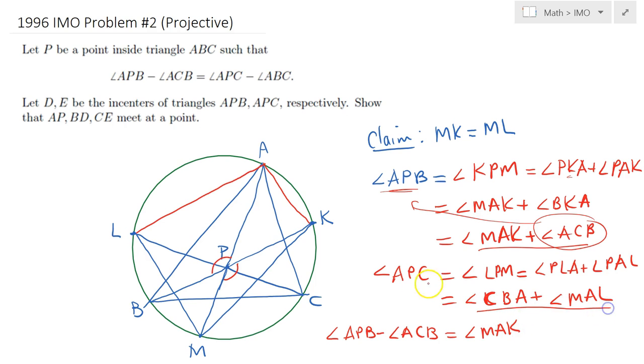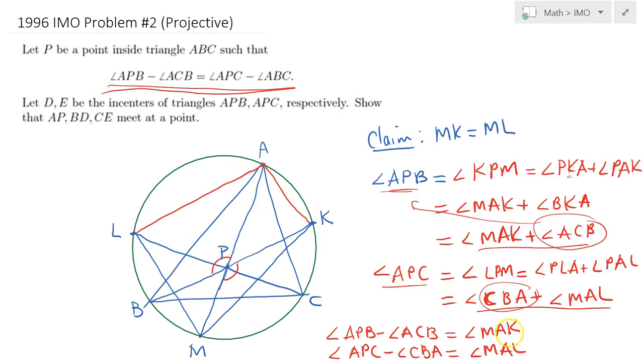And from the second one, I get that APC minus angle CBA is equal to MAL. But finally notice that the left hand side, APB minus ACB, is equal to APC minus CBA by the given condition of the problem. As a result, angle MAK and angle MAL are equal angles.